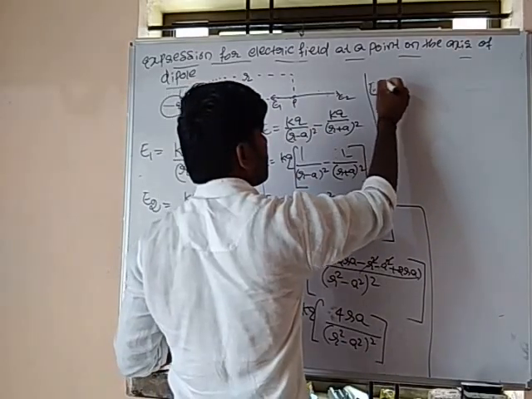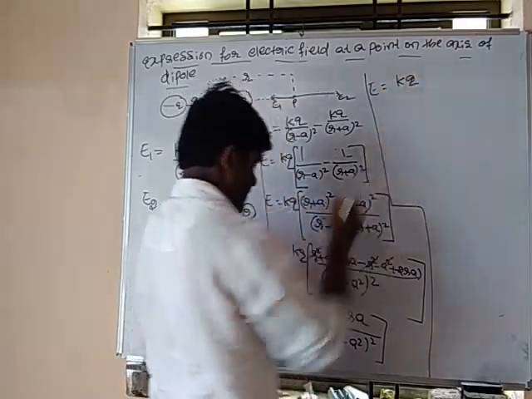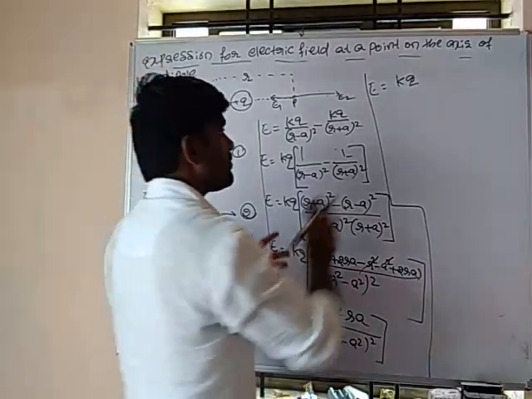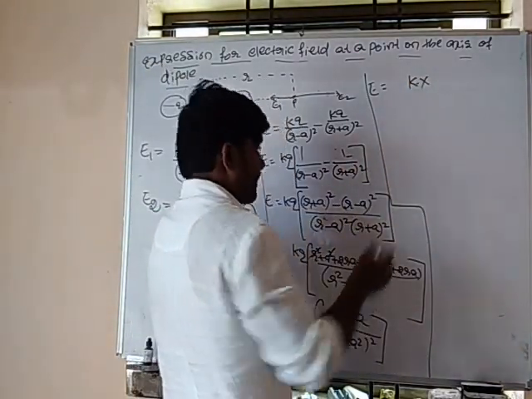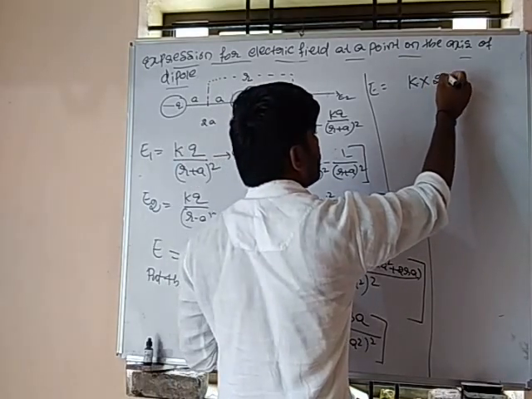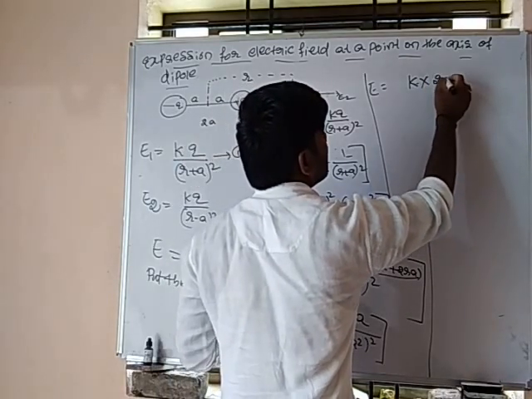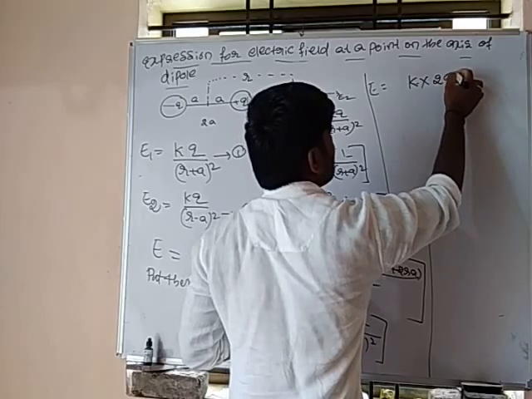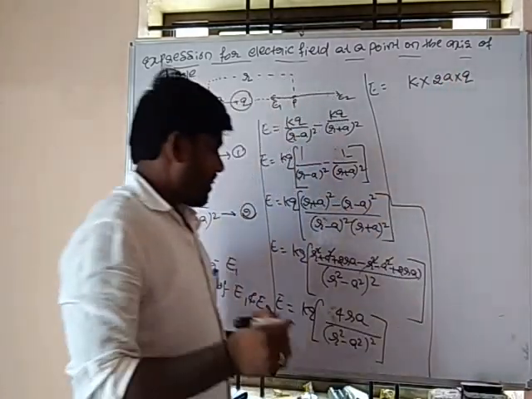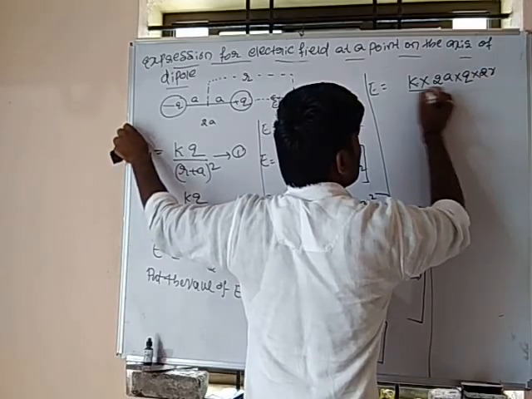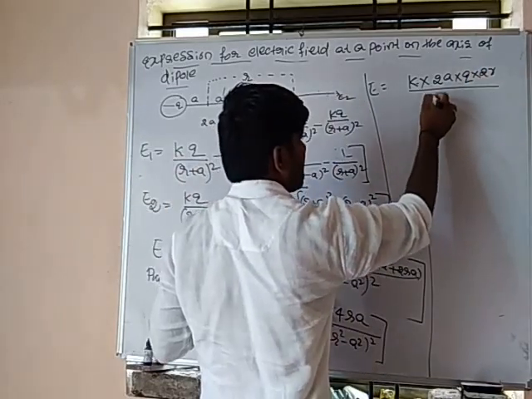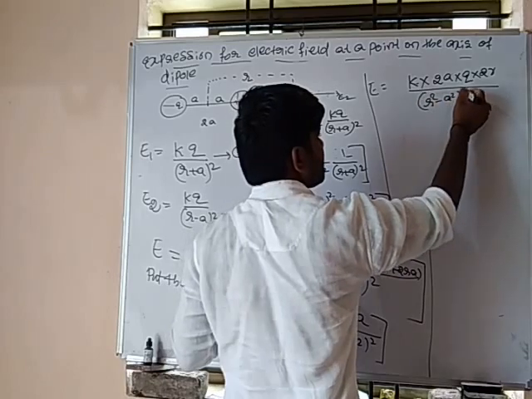Then E is equal to K into 2A into Q into 2R divided by (R square minus A square) whole square.